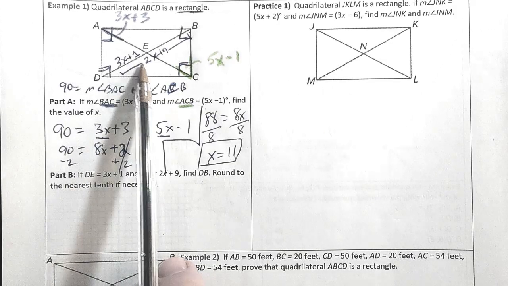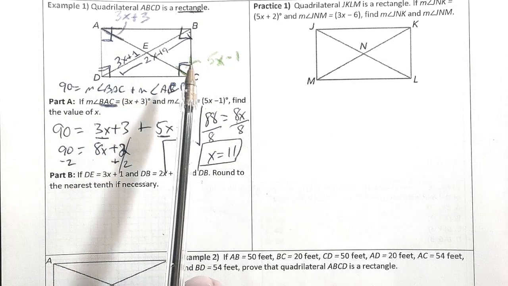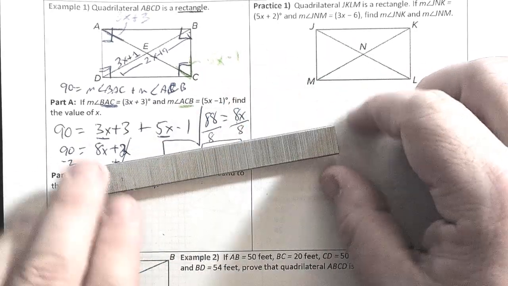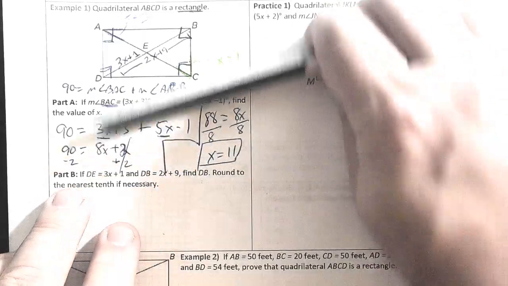Here's the trick to the question, and it's easier to show you in class, but here's how we're going to do it. Imagine this is DB, this diagonal over here.